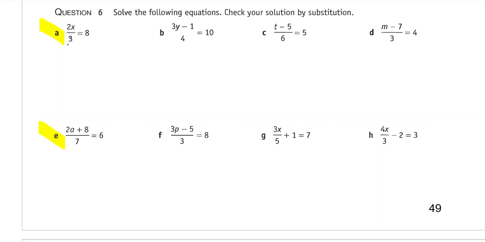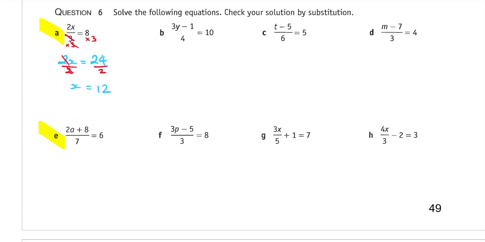I'm going to do the opposite, times by 3. Okay, gets rid of this. 2x equals 8 times 3 is 24. Okay, second step, get rid of the 2. It's multiplied. Opposite is to divide. x equals 12.